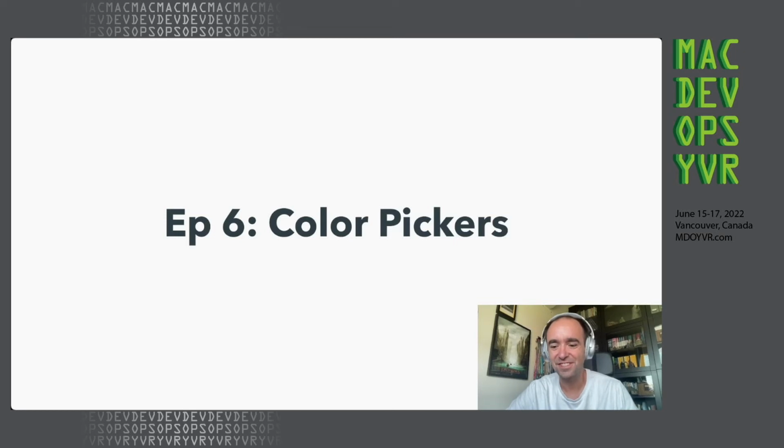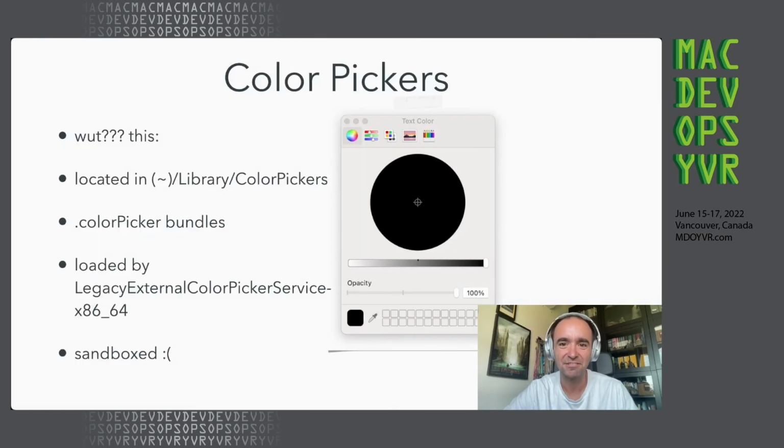Color pickers is the next one. This is some legacy stuff, and I didn't even know what color pickers were. On the slide, you can see a color picker. Basically, these are small windows where you can select a color for your text, background, or whatever.